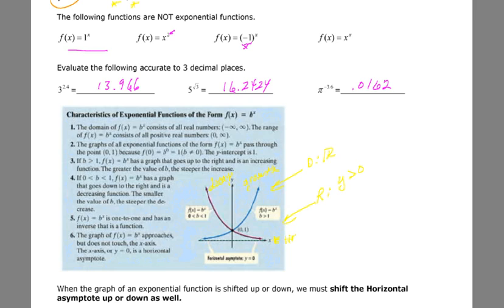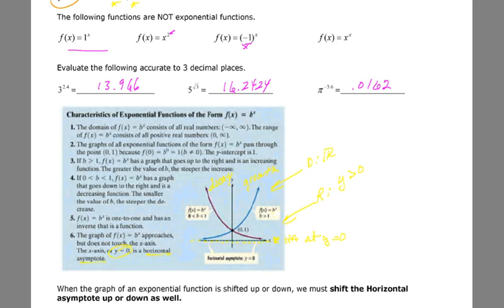There is a horizontal asymptote at y equals 0 for all exponential functions. There's a horizontal asymptote here that your graph cannot cross over. It won't show on your calculator. You need to know it. Y equals 0 is a horizontal asymptote for both of them.